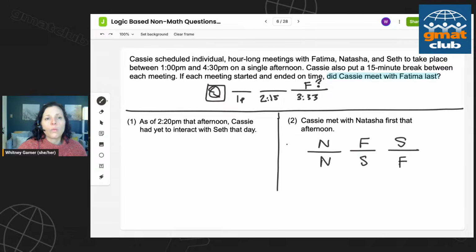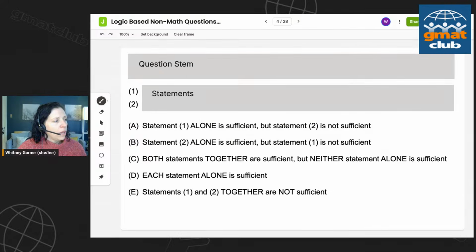We're trying to figure out if each statement alone is enough to give us an answer. If the information from the statement doesn't let us land on a single answer, then it's not sufficient. What we're trying to do is show whether we can get different answers, because if I can get different answers, I can prove that something is not sufficient.